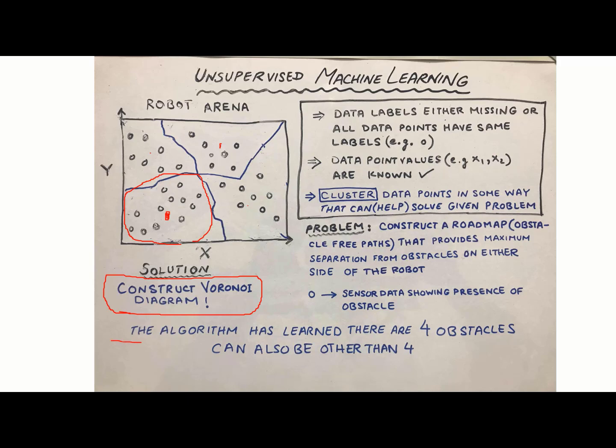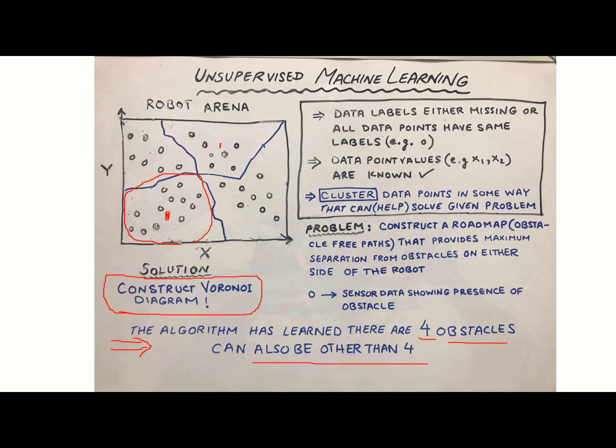An important consequence here is that the algorithm has learned that there are 4 obstacles by dividing the data points into 4 clusters. But naturally, the number of obstacles can be different.